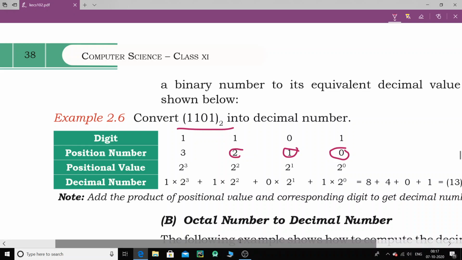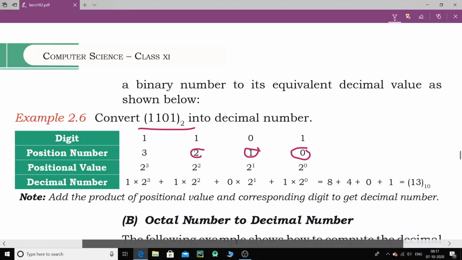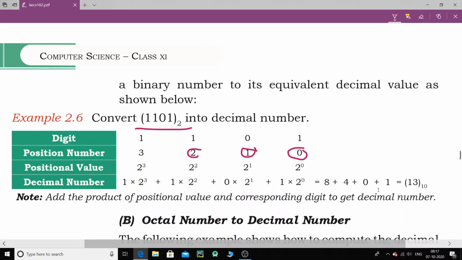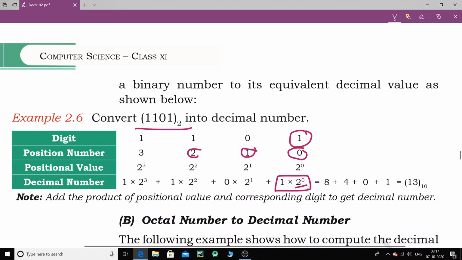Okay, and then you can see, that is 2 raised to 0, so 1 into 2 raised to 0. Can you see this? Okay, because the base value is 2, so we're going to use that 2 out here. This is the base value that we have used.